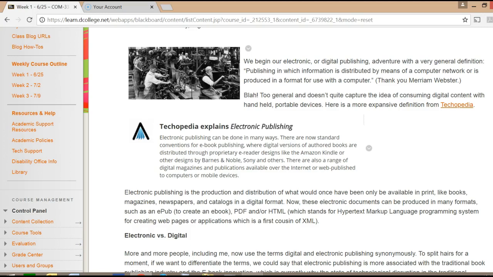And if any of you have been through a standard mass media course, everybody always talks about how technology has always driven disruption and evolution in the print, book, news, and magazine industries. And of course, the ground zero would be the printing press.